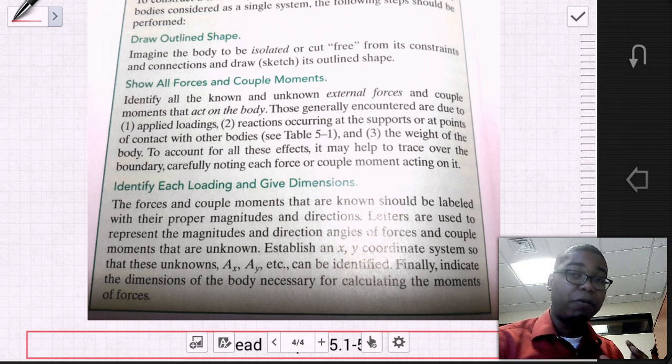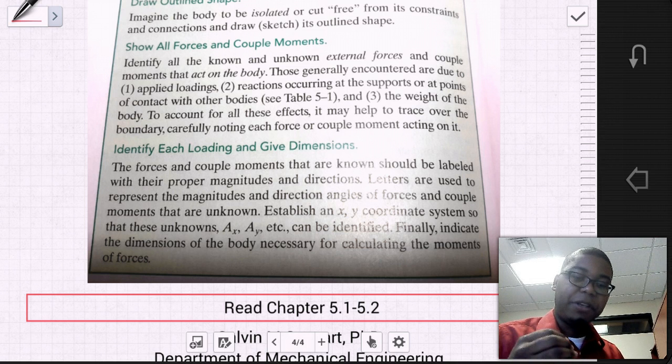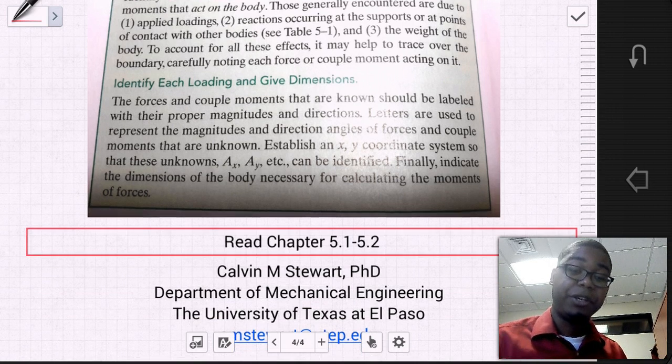And so you need to very carefully study the diagram and identify those unknown and known external forces very quickly. Once you've identified them, the forces and the coupled moments need to be properly labeled, to label their magnitudes, determine their directions, and use nomenclature, like, I'll call this force A and force B. Use consistent nomenclature so that when you start applying your equations, you remember what force vectors you're actually dealing with, what angles you're actually dealing with.